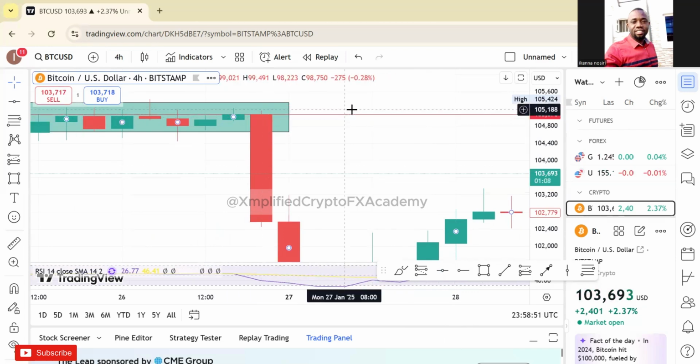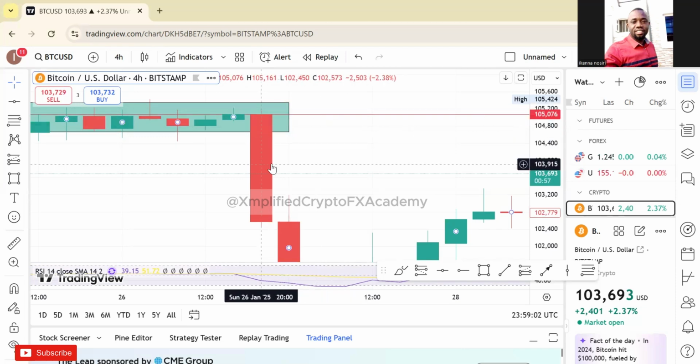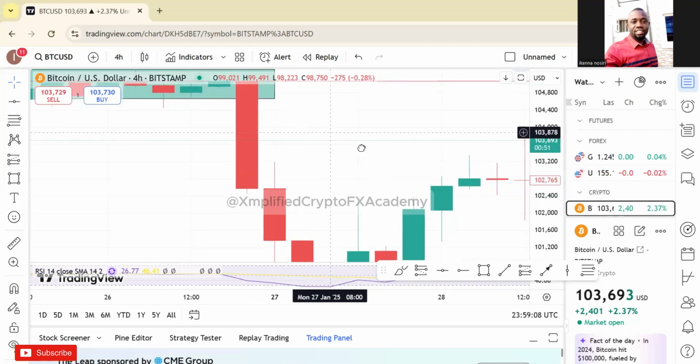This is just the wick. The bulls wanted to buy more when it opened, but they didn't have the strength. The bears overpowered them. You just have to interpret all this. The bears overpowered them.